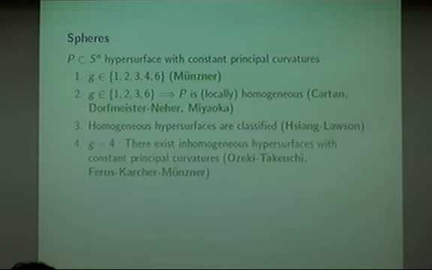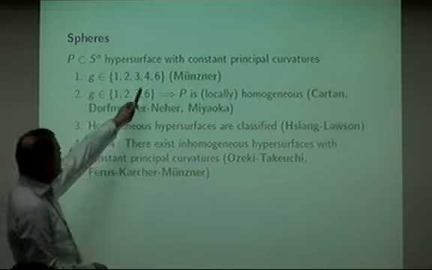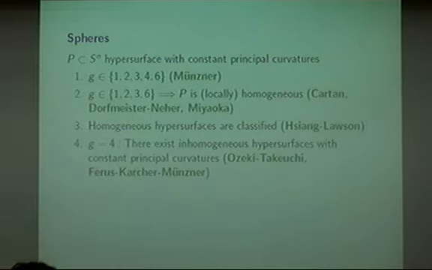Now there is one remaining problem, when the number of distinct principal curvatures is 4. And this is quite remarkable. Namely, there exist inhomogeneous hypersurfaces with 4 distinct constant principal curvatures. The first such examples were produced by Ozeki and Takeuchi. A few years later, Ferus, Karcher and Münzner produced a whole series of inhomogeneous hypersurfaces in spheres.